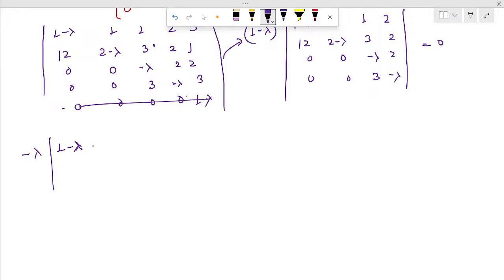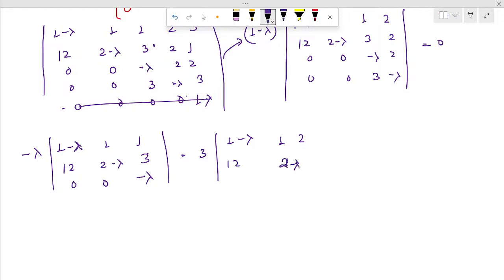So this is 1 minus lambda, 1, 1. And this is 12, this is 2 minus lambda, 3, and 0, 0 minus lambda, and then minus of 3, and then you will have 1 minus lambda, 1, 2, and then you have 12. You please confirm it on your own.